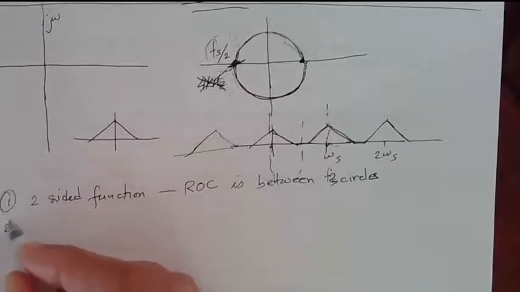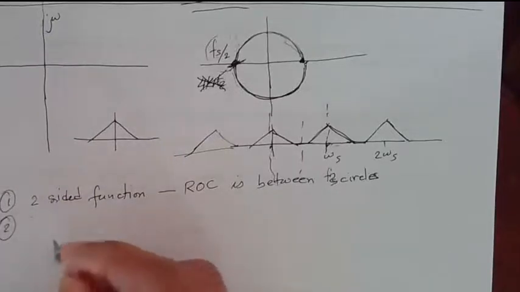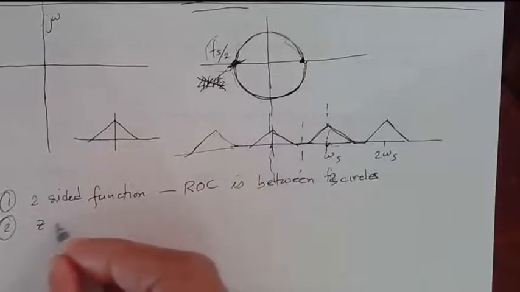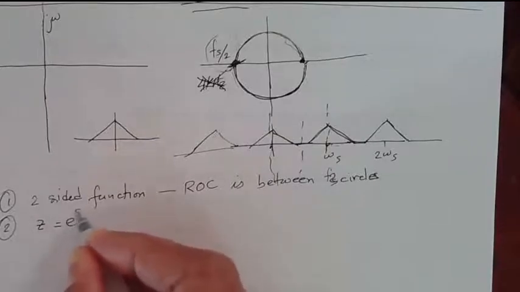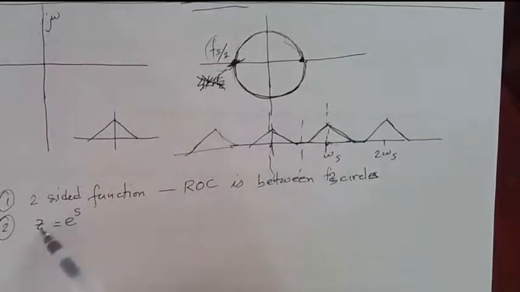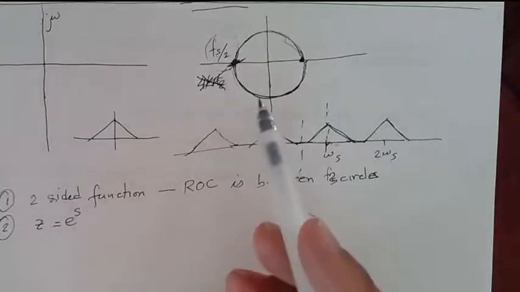Then we looked at a mapping from the S domain into the Z domain, which was Z equals e to the S. And then we went through basically the same things. If we have a right-sided function, in the S plane it corresponds to the right of a line, and in the Z domain it corresponds to outside of a circle.